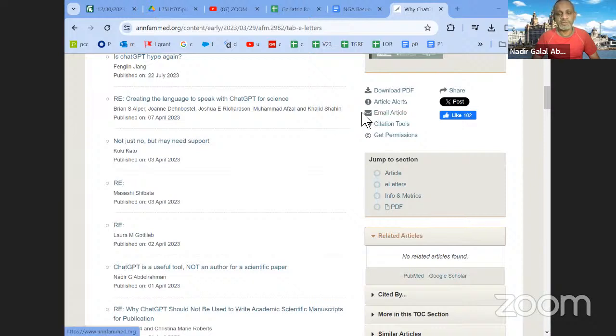You don't copy and paste out of ChatGPT, because there are tools to identify the parts written by artificial intelligence. So this is how you can write a letter to the editor.